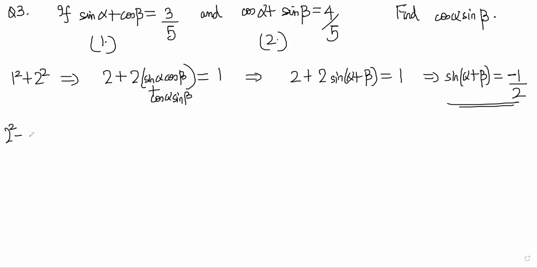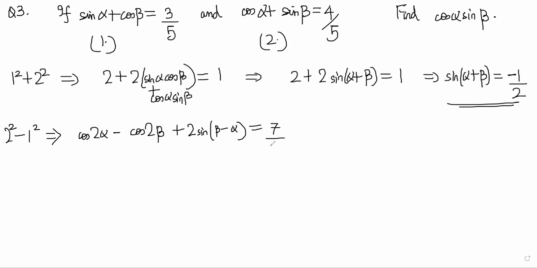If you do 2 square minus 1 square, in that case, what you will end up getting is cos 2 alpha minus cos 2 beta, using the formula of cos 2 alpha being cos square alpha minus sine square alpha. You should do the simplification yourself, and you also get plus 2 sine beta minus alpha.